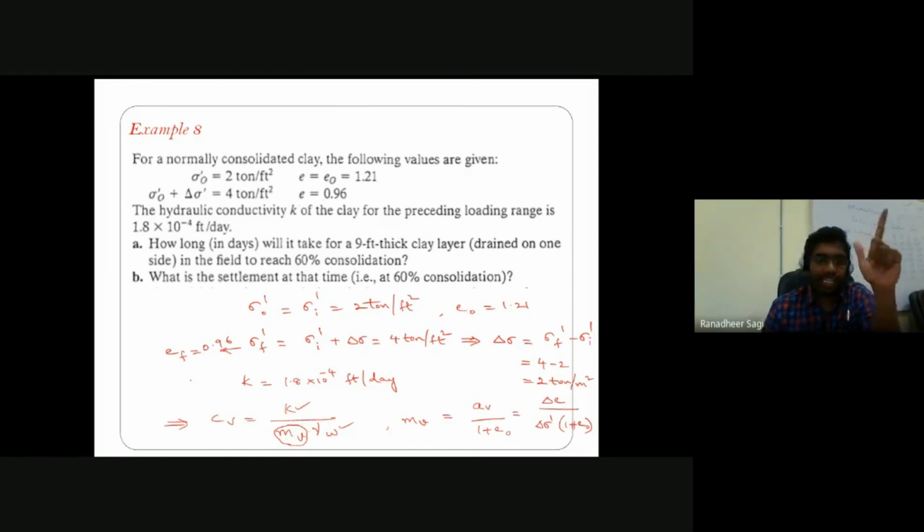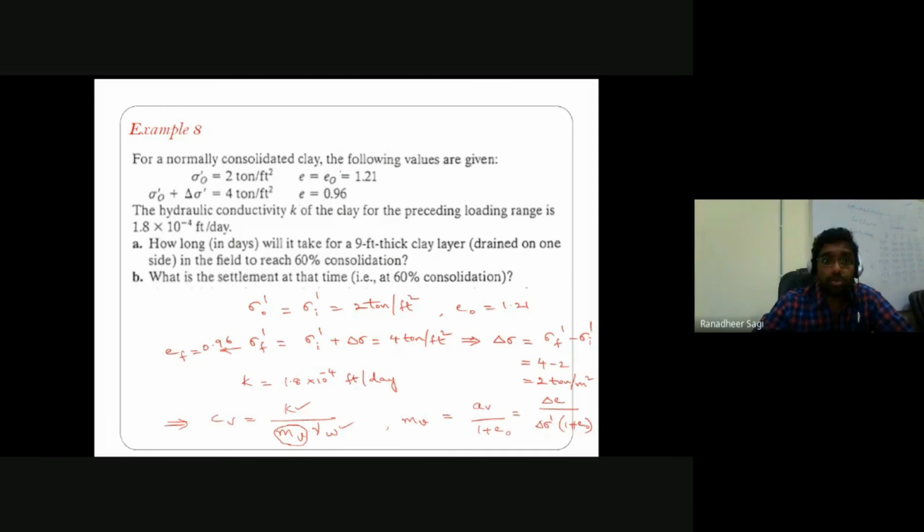So delta e is known, delta sigma dash is known, e naught is known. From which please calculate your mv value. Once your mv is calculated, okay, please do calculate.